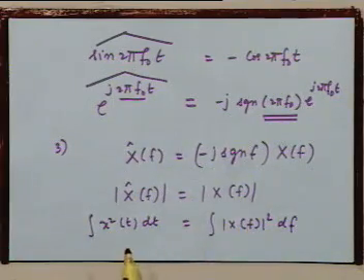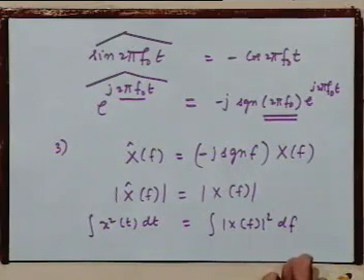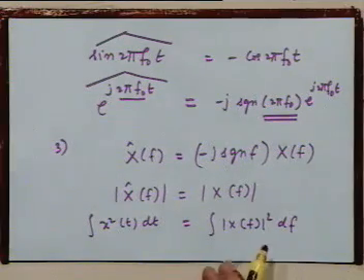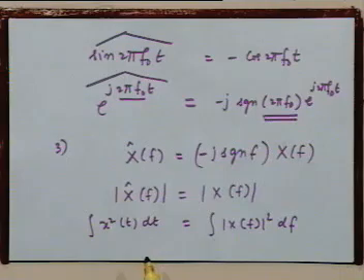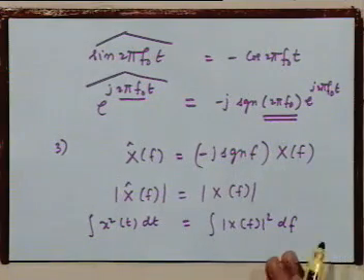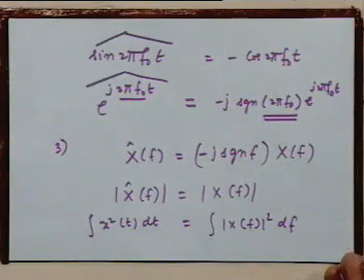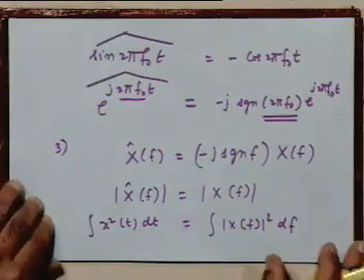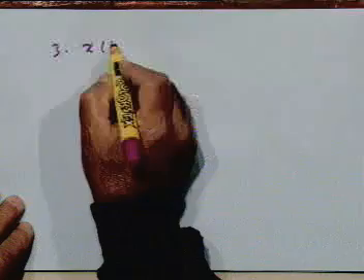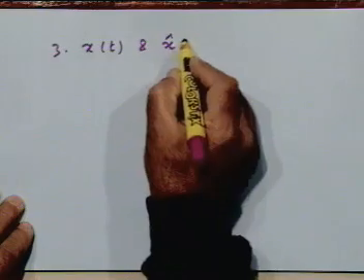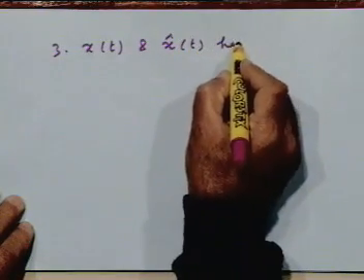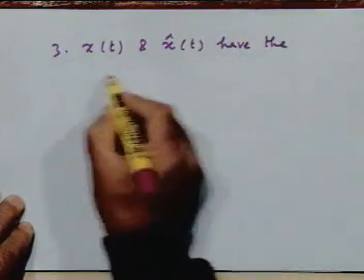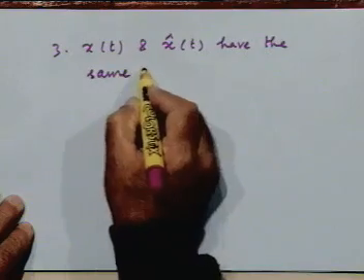That means the energy of x(t) and x hat(t) are the same. Similarly, if x(t) was a power signal rather than an energy signal, you could again check that the powers will remain the same. Alright? So the property that we have just discussed is that x(t) and x hat(t) have the same energy or power, as the case may be.